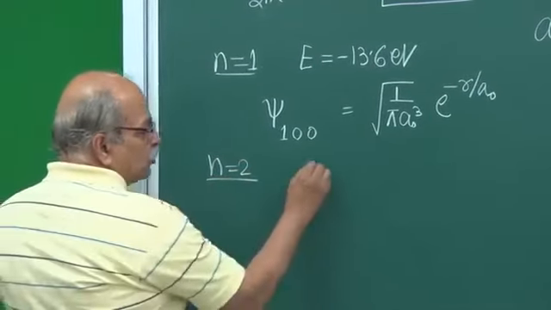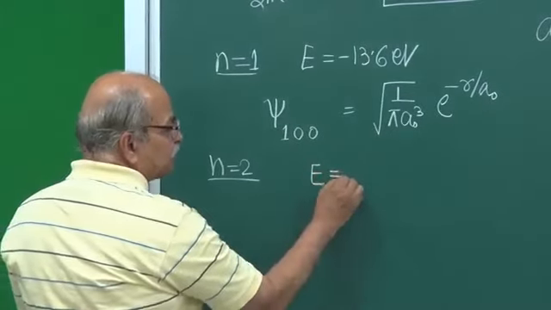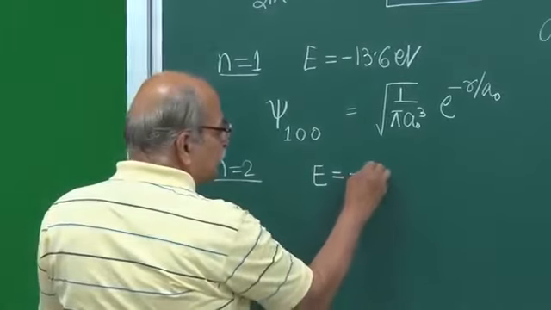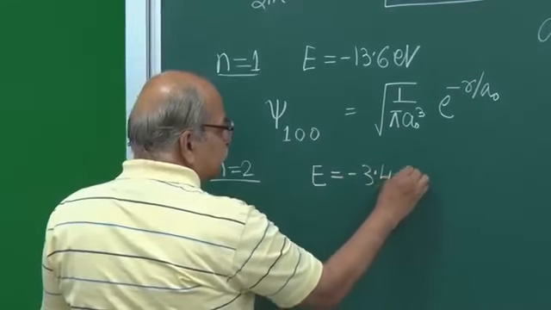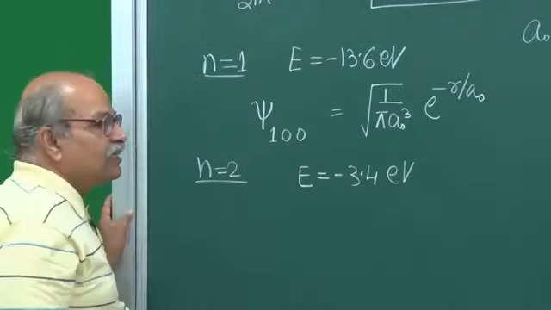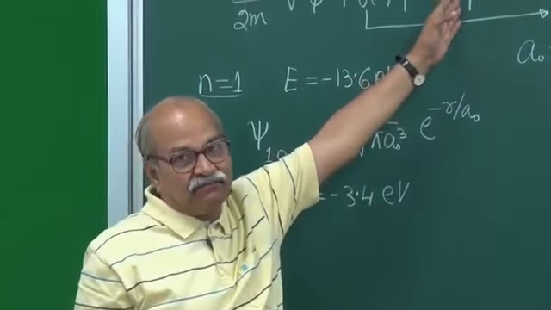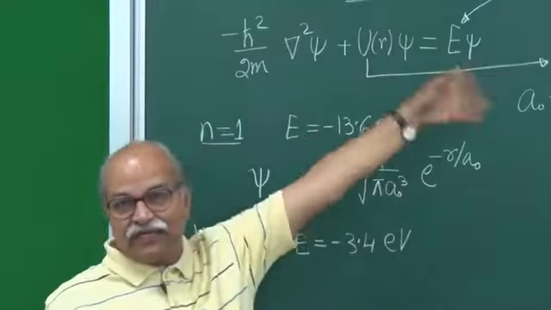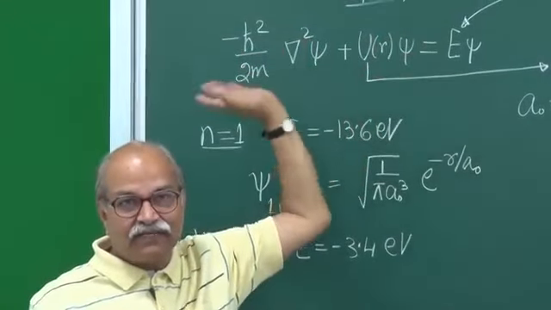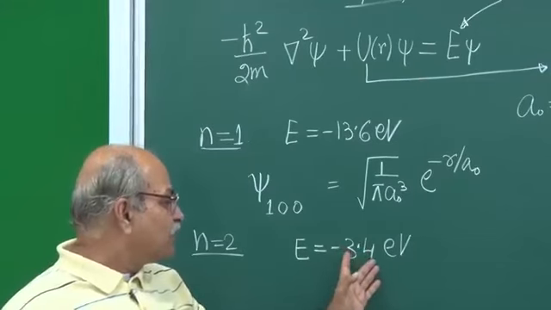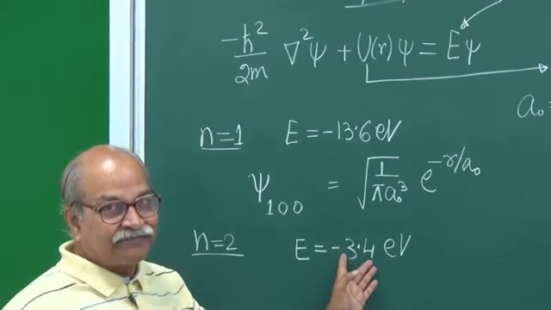For n is equal to 2, E will be this divided by 4, so it is minus 3.4 eV. Anything between these two, if you put here, you do not get any solution, you do not get any functional form of psi. So the next energy available or allowed is this.